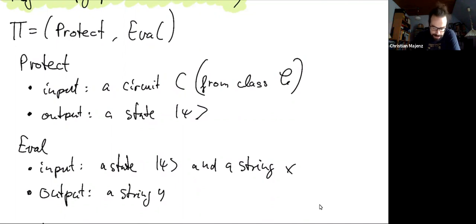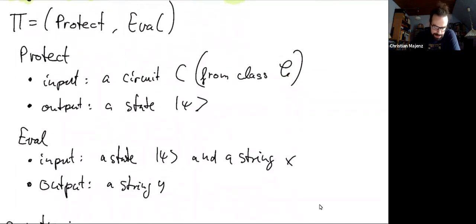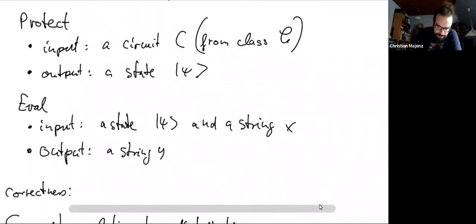Evaluate takes as input such a quantum state psi and an input string X, which is an input to the circuit, and it outputs a string Y. Now correctness: because we're using quantum techniques, we don't want to be too strict, but we would like the following to happen.